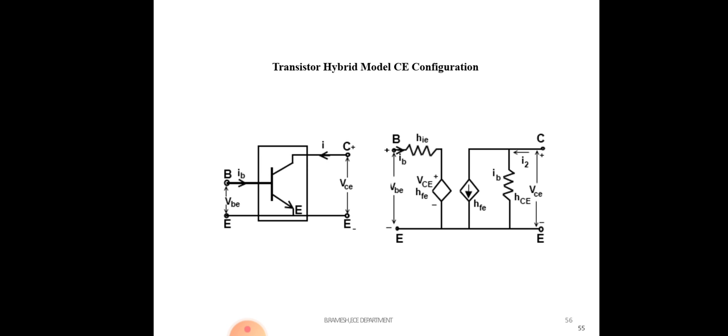So the transistor is replaced like this. If you connect any resistance on the input side, it comes after the base emitter side. This is the replacement of the hybrid model for the CE configuration. The input side has input voltage VBE and input current IB. The base junction has some resistance, represented by HIE.